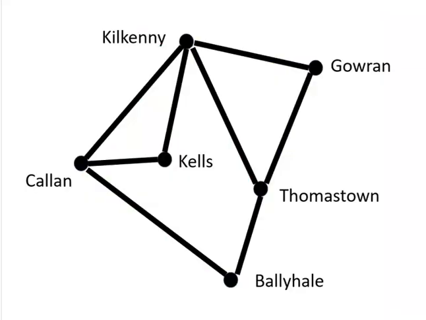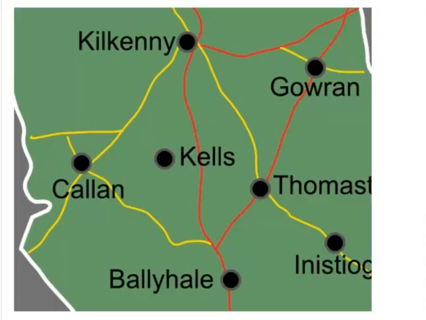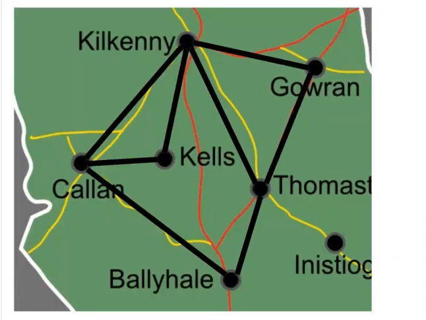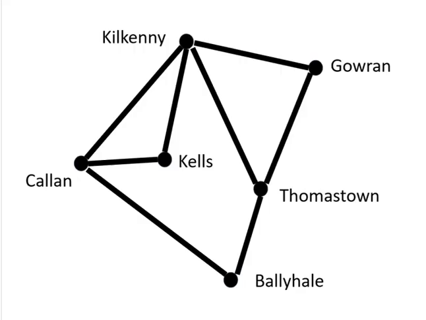So let's just make this easier. I've gone from that diagram, and I'm able to show the relationships that I want to talk about in this hypothetical scenario, and I can represent the relationships of those places with that network. Now, the positioning of the nodes does represent realistically what is in reality, but it doesn't stop me from changing them and moving them around and having them in different places.